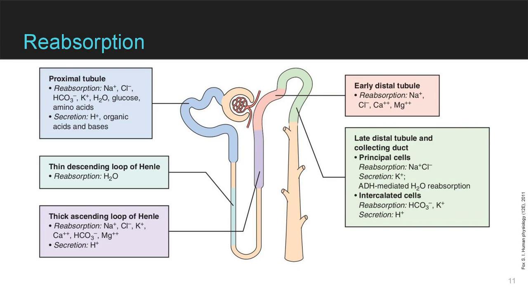This site of the loop of Henle is a site of reabsorption of water and several types of ions, like sodium, chloride, potassium, calcium, and secretion of hydrogen atoms.